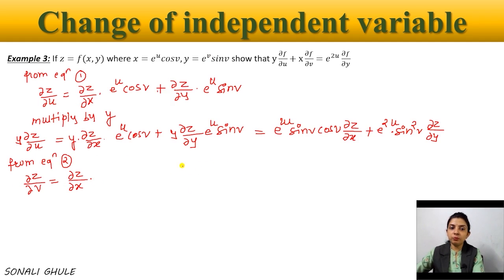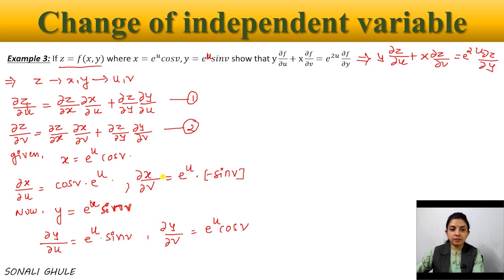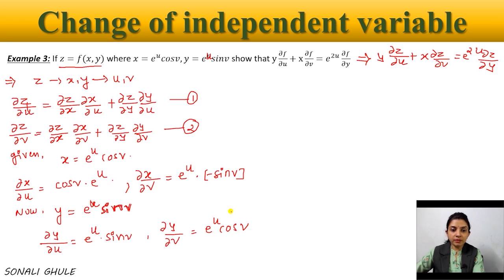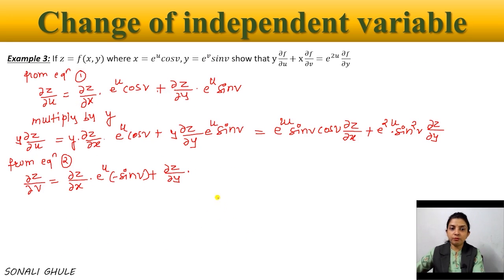I have to put this value here. So it is e to the power u minus sin v plus now z with respect to y and y with respect to v. What is the value for y with respect to v? This one. So it is e to the power u cos v.